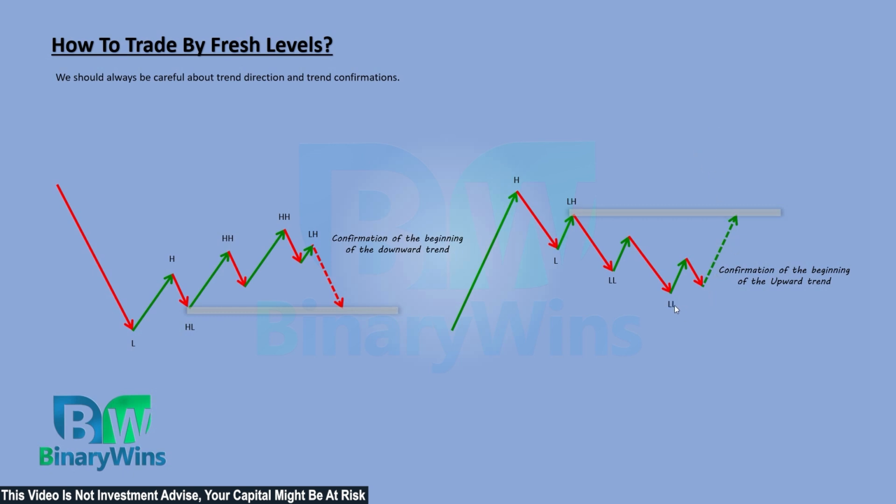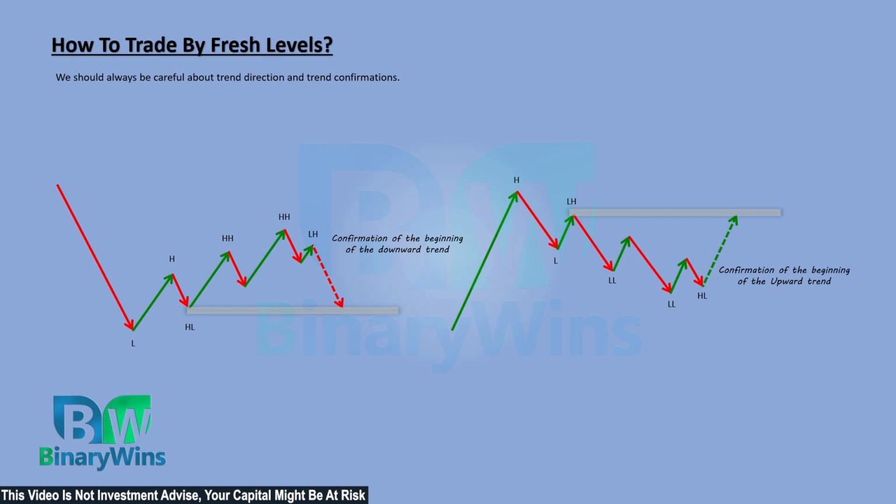A higher low is formed after the last lower low. So you should always be careful about trend direction and trend confirmations, and try to enter the trade in the same direction as the trend.